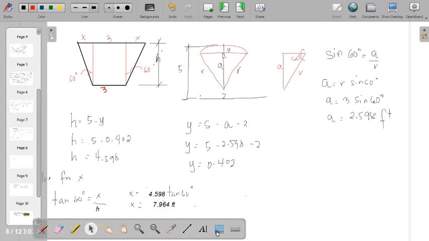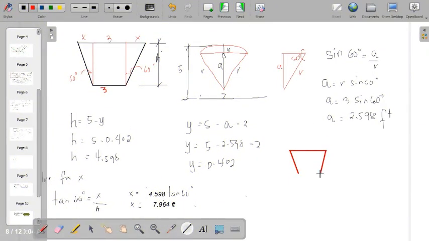So, if we're going to draw the base again, no, kung i-drawing natin yung ating trapezoid, so ganito yan. So, ito ay 3, no? Ito ay 3. Ito naman ay i-add natin, 3 plus 2 times 7.964.